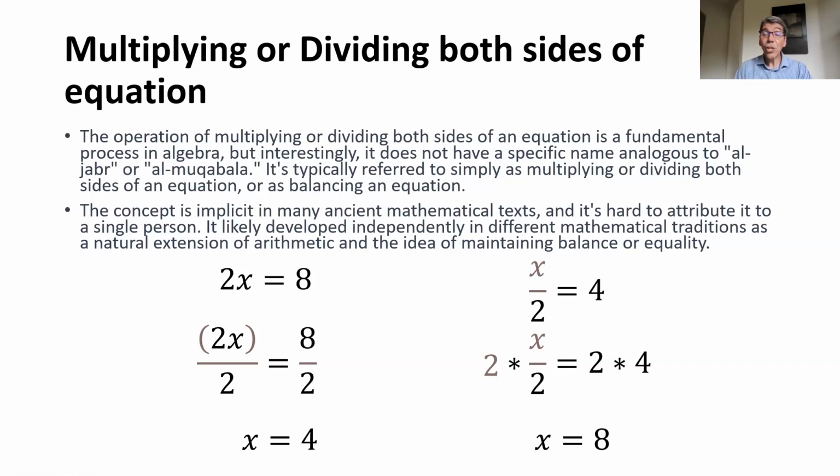So you can see, this is the main thing that we do in algebra. We do that all day long. We either add or subtract or multiply or divide both sides of the equation. And that way it helps us to manipulate the numbers and maintain the equations.